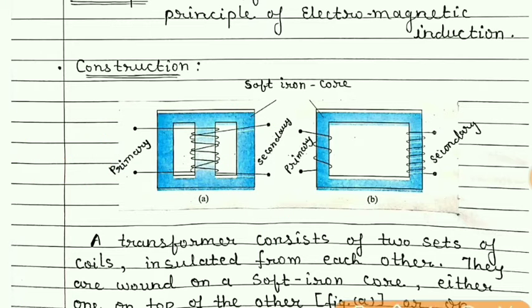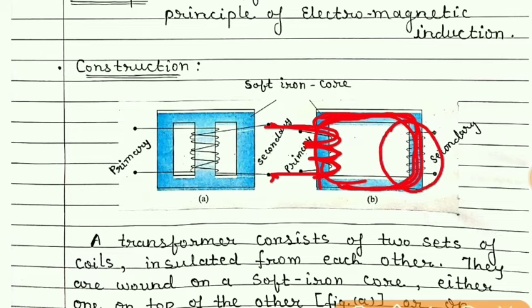Even you can see for this second figure, input AC is given to the primary coil, and when the switch is on, what happens? Due to change in current, a magnetic field is produced, and due to this soft iron core, that magnetic field which is produced in the primary coil gets linked with the secondary coil, and so the flux is linked with the second coil also.